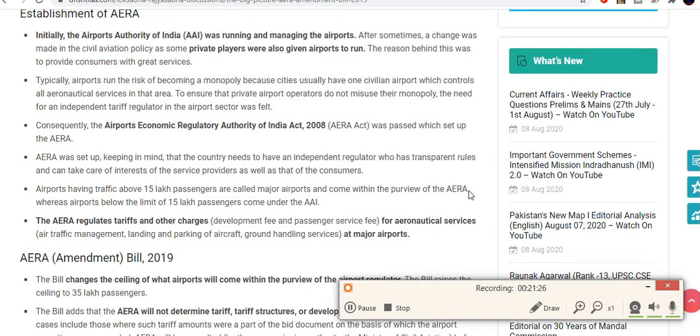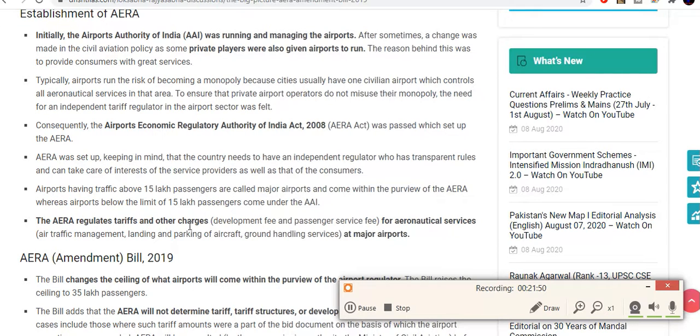This is the ambit of the original act of 2008. Above 15 lakh means AERA will regulate the amount and all those things. If the passengers are less than 15 lakh, then Airport Authority of India will continue to regulate the pricing and all those things.